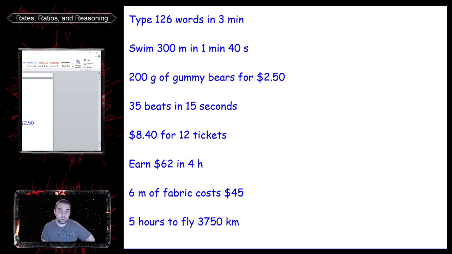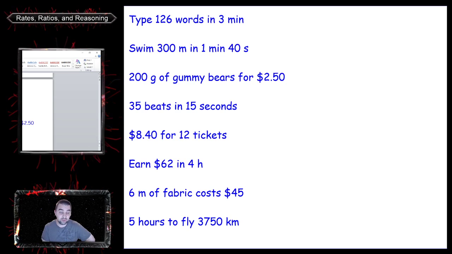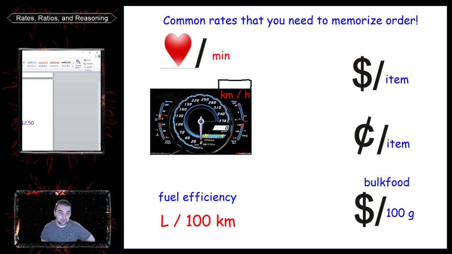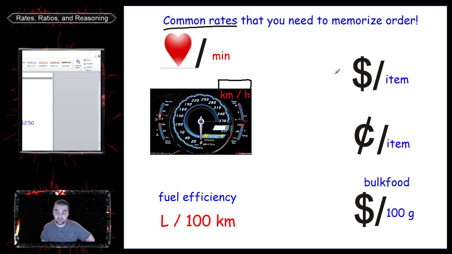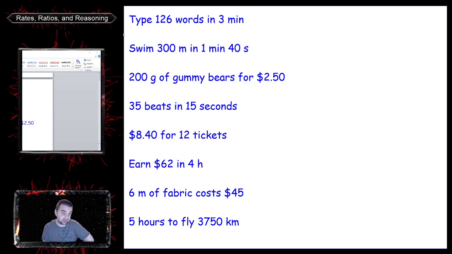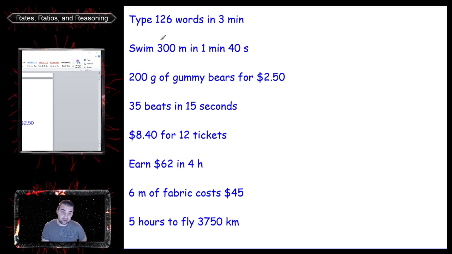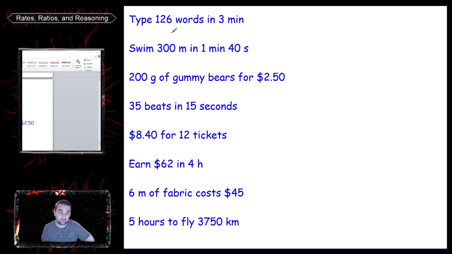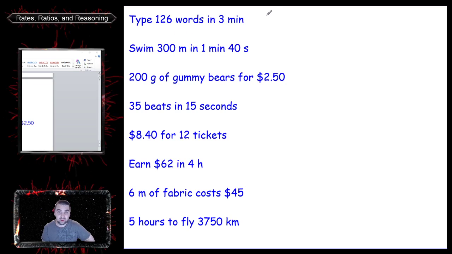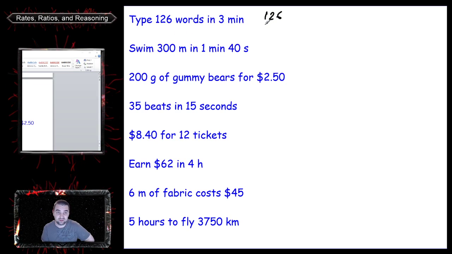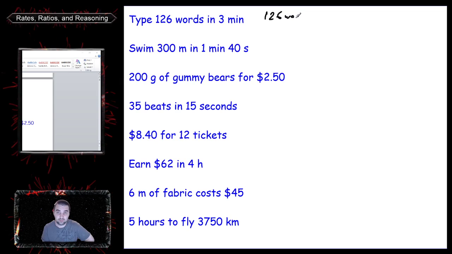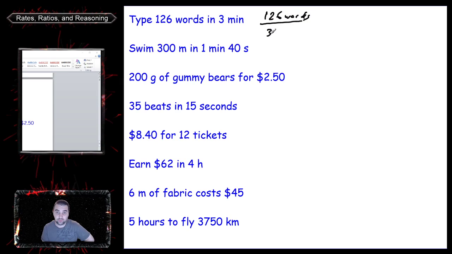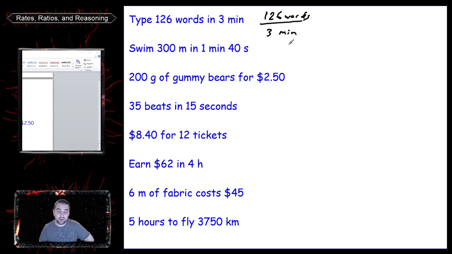The thing we got to remember for these is some of them are those common ones that I'm talking about, the common rates. So you want to make sure that you are representing them in the ways that make sense. And you'll see what I mean in a second. So typing 126 words in 3 minutes. Well, that means I have 126 words over 3 minutes.